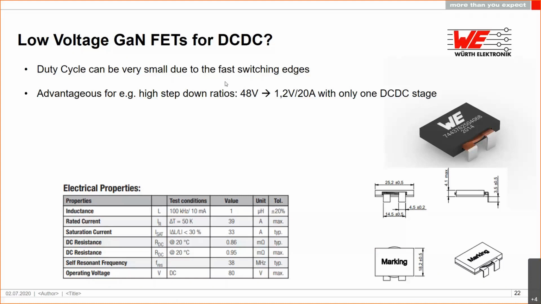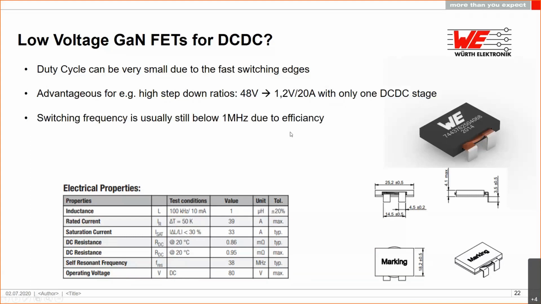For example, you have a rail voltage of 48 volts, and you would go down in one stage, for any reason, it's your design, one stage down to 1.2 volts, and you need 20 amps for any kind of POL. In this case, again, it is an advantage, because with silicon, you usually cannot achieve this very small duty cycle, because the turn on and turn off times are too long to get this at a very high frequency.